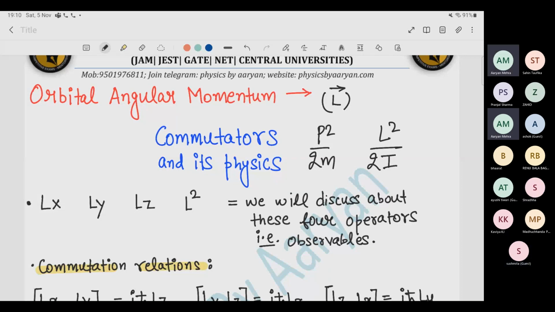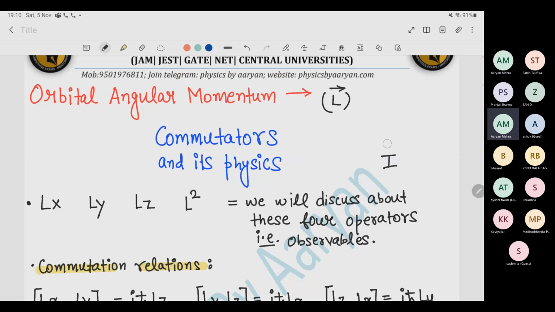So whatever energy our system has because of the angular momentum. Momentum inherently means that it can do work, it has some energy, and it can exert force. So we also need to discuss what energy it is acquiring. For that reason, L square is very important. Whenever I say L square, the thing that should come to your mind is energy. If we can do something on L square, it means we can do that on energy. So you should remember that.